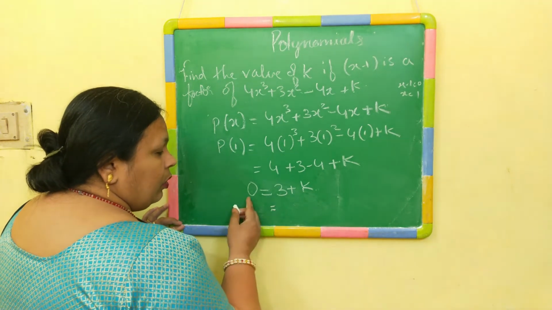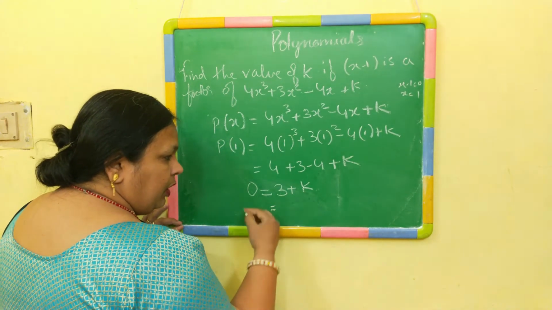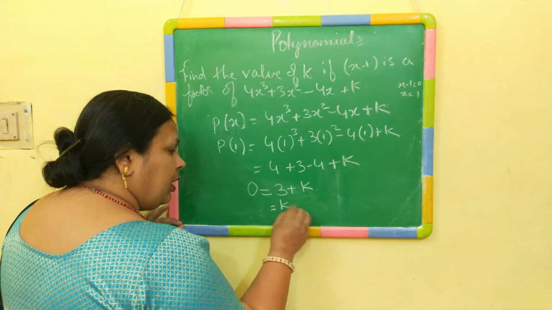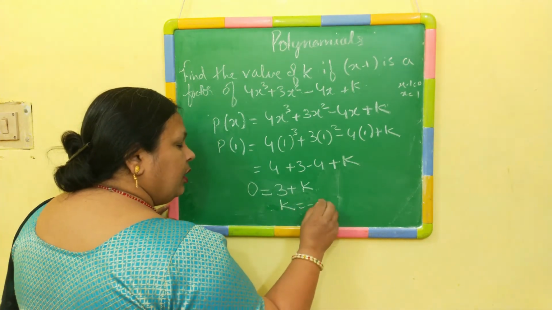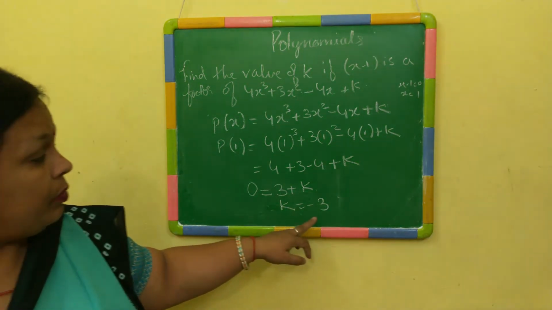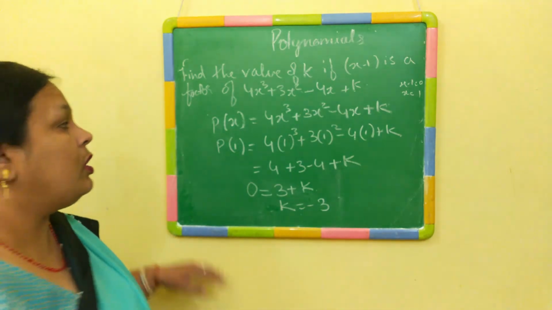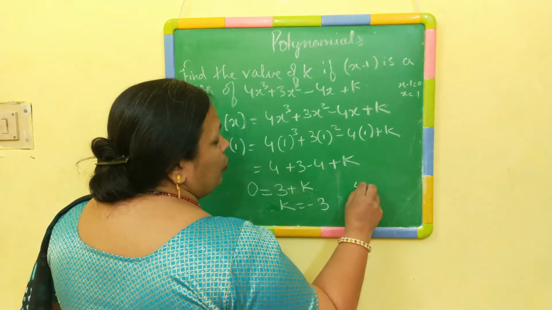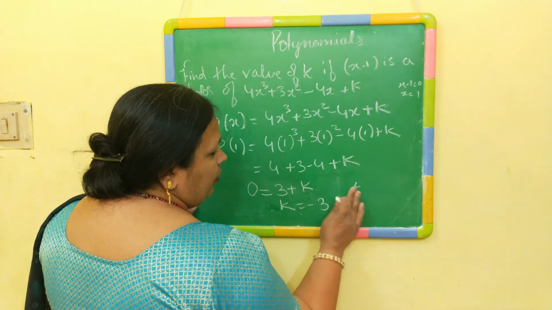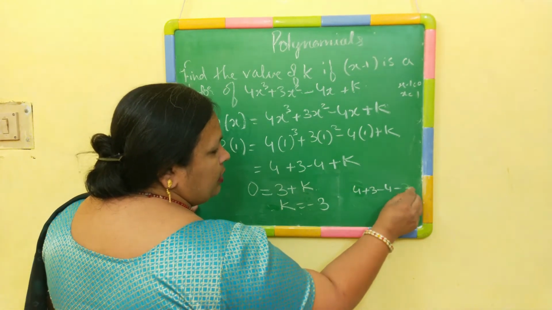Now what we will do is shift the value, that is k is equal to minus 3. So when we substitute minus 3, the entire remainder will be 0. Let's check it in this statement only: 4 plus 3 minus 4 minus 3.